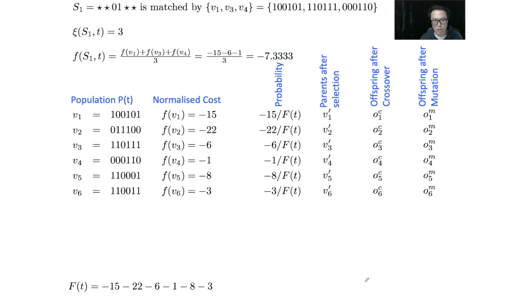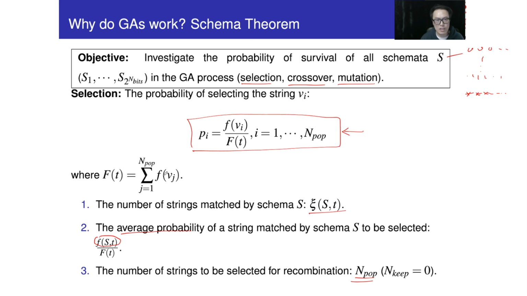I'm trying to explain what I just mentioned. This is the population we have. After normalization, all the costs will have the same sign, and this is the equation I just mentioned. This is just the Pi, that is this equation. Note that this f is different from this f.